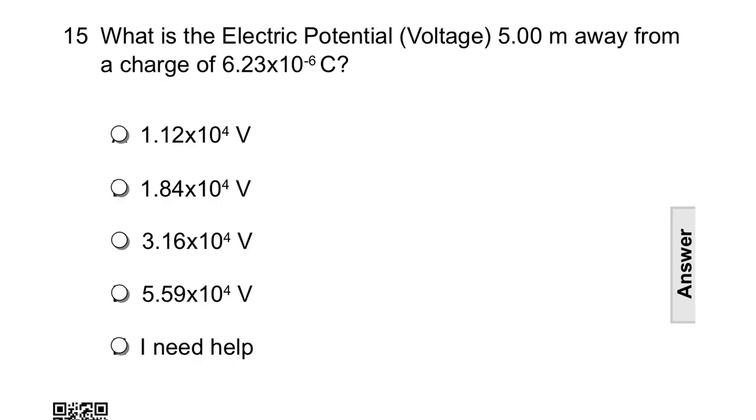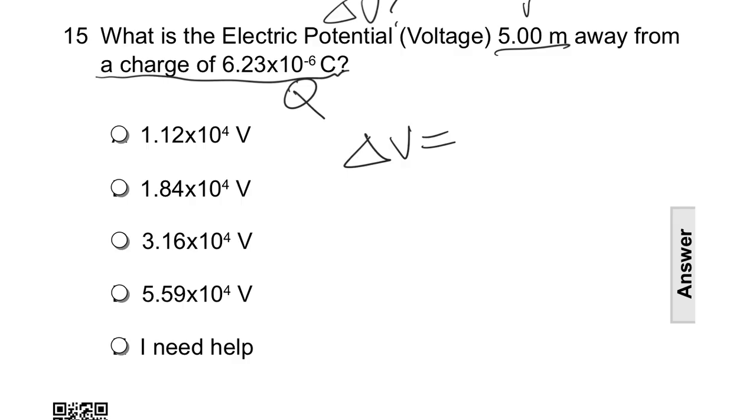So what is the change in V? This is the distance. We use R for that. From a charge of 6.23. Okay, well, this is like the field charge. This would be like one of the terminals on the battery. So I'm going to call that capital Q. So V equals, we got several equations, but probably this one would be the best.